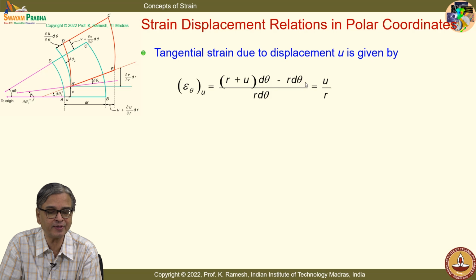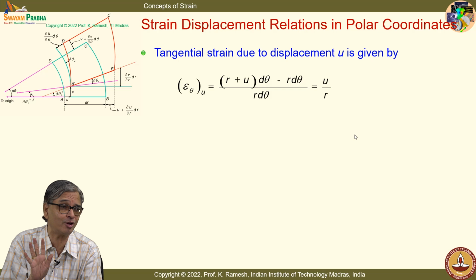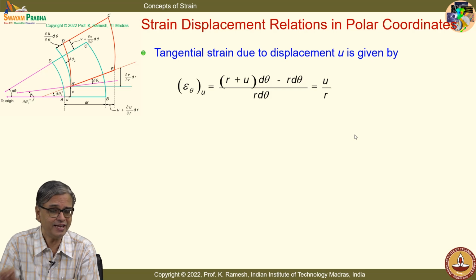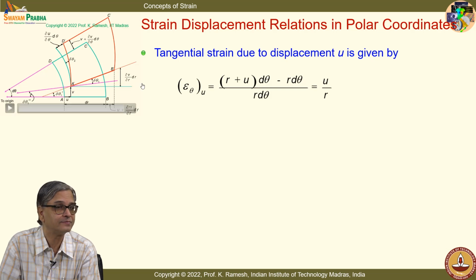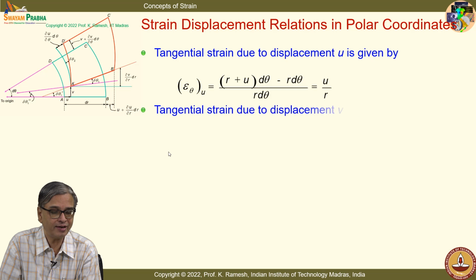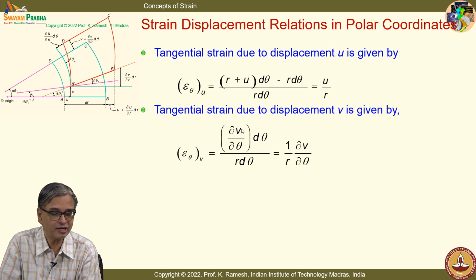So the change in length becomes u by r, which is something very peculiar that happens only in polar coordinates, fine. I have one component because of what happens to u. I will also have another component in the tangential direction because of what happens to v. So I will write this as epsilon theta v, that reduces to dou v by dou theta d theta divided by r d theta, equal to 1 by r dou v by dou theta.